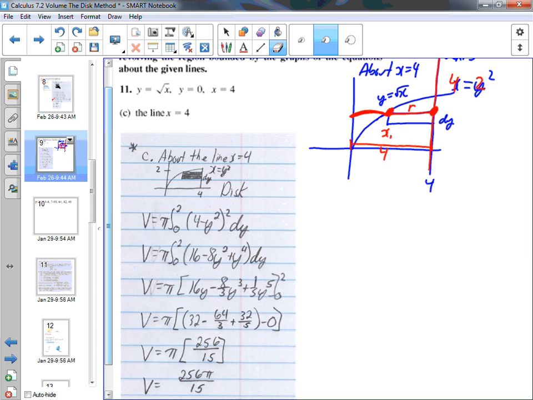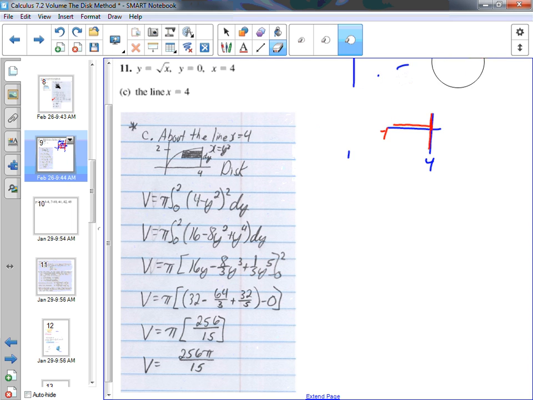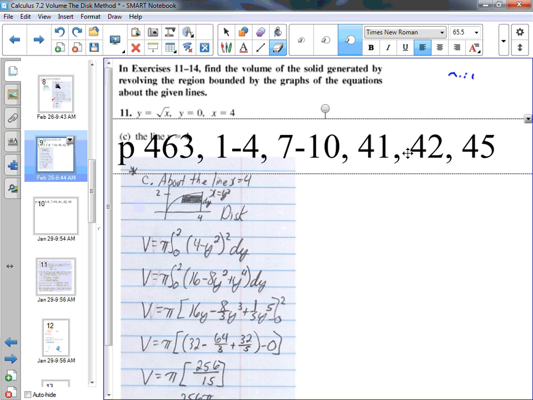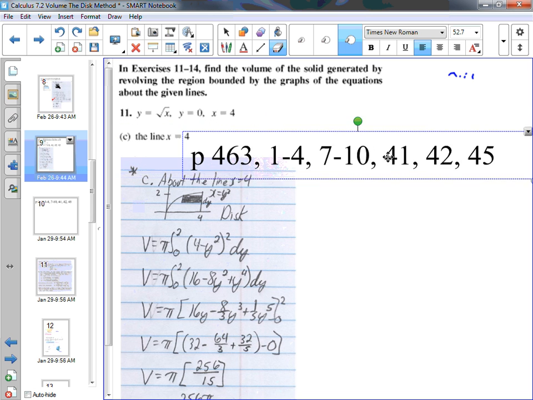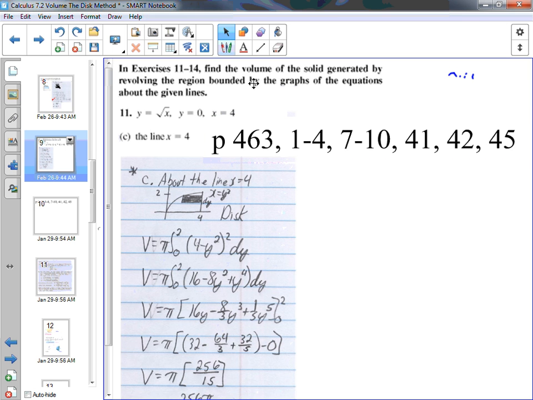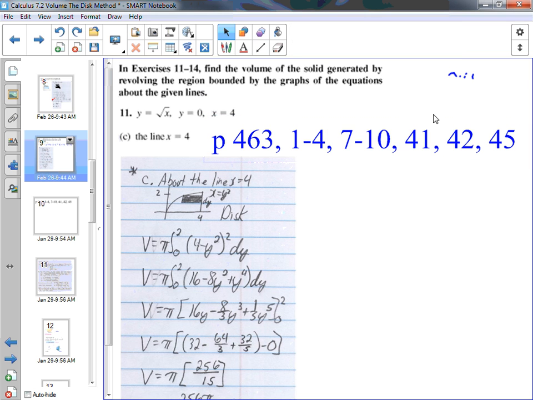So if all the 4s were 6s, we would have put a 6 there. All right. There's the rest of it. And there's your assignment.